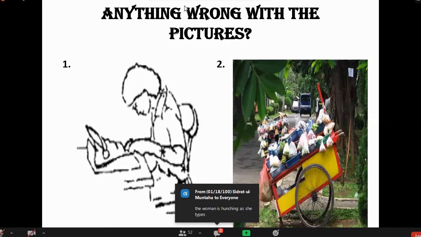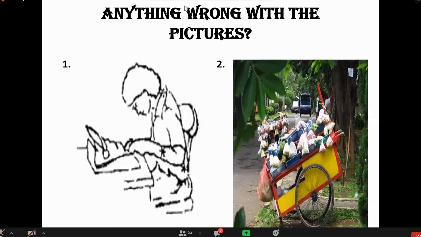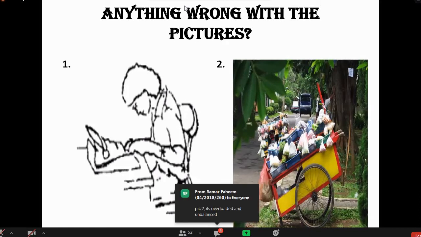What about picture 2? Do you think this is a good cart? What would you call that in English? The vegetable cart, yes. So what do you think about picture 2? It's loaded and unbalanced. So it is going to really affect the person who is going to pull it, yes?